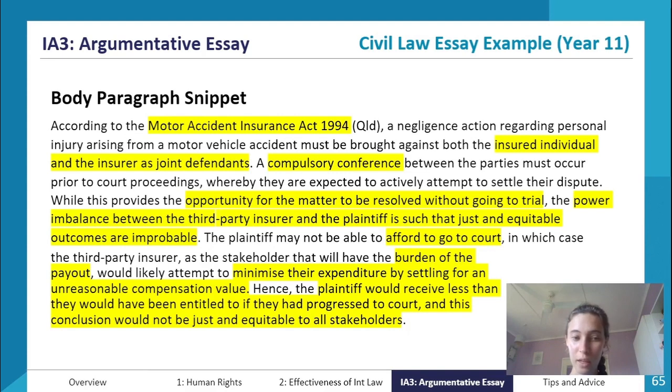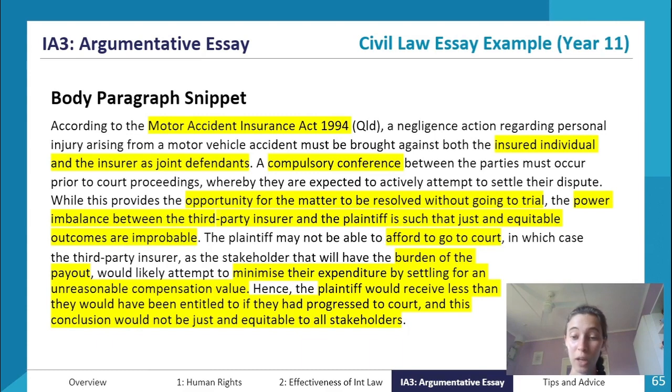You can see the analysis here, where I'm giving an example of why this is good: it provides the opportunity for the matter to be resolved without going to trial. They have a compulsory conference system, but the power imbalance between the parties involved doesn't result in those just and equitable outcomes.